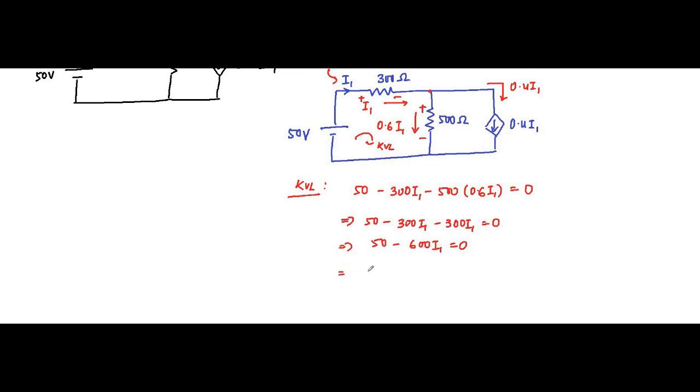That implies I1 is equal to 50 by 600, that is equal to 0.083 ampere. We have got the first thing that was asked, 0.083 ampere.